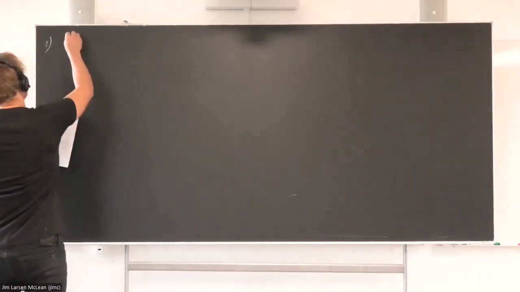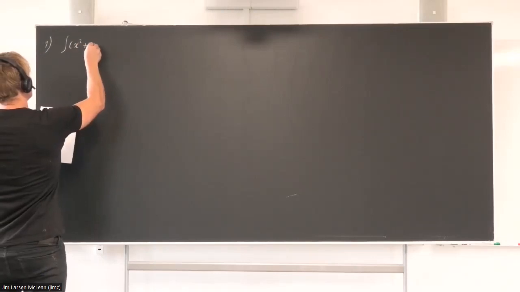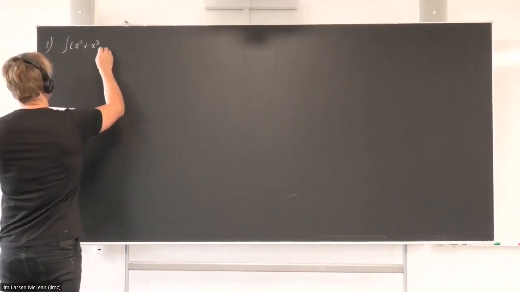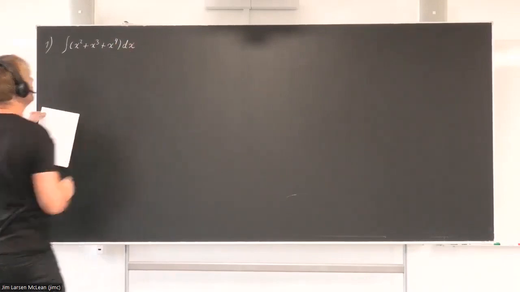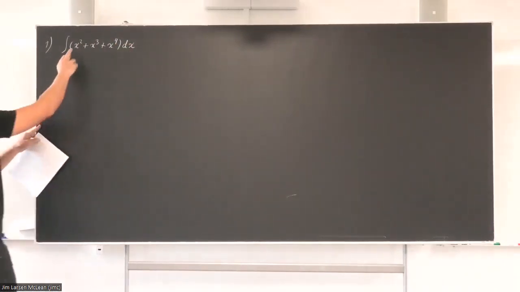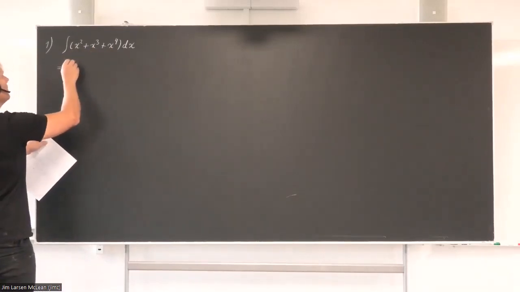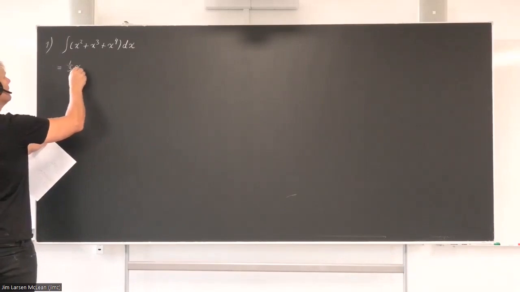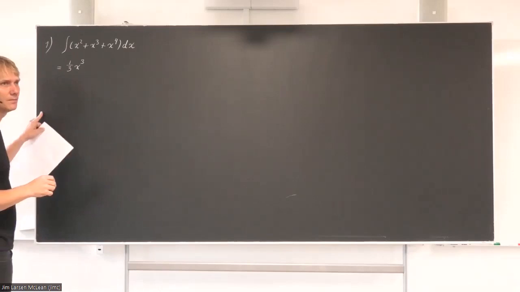Okay. First task. We need to find the integral of x squared plus x cubed and plus x to the 4th. And there we use that we can integrate term by term. So I integrate this, that, and that separately. The integral of x squared must be 1/3 x cubed, because I need to increase the exponent by 1 and remember to divide by the new exponent.